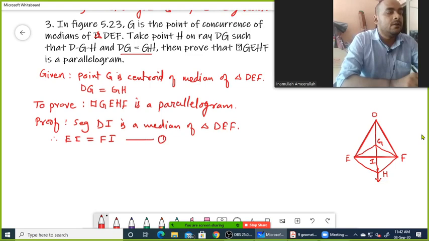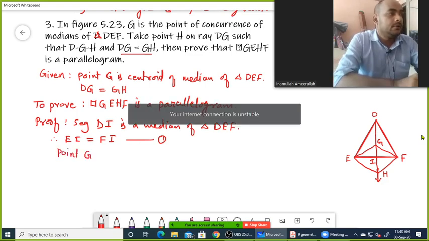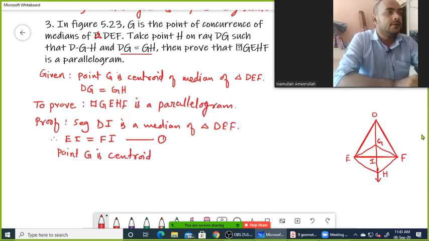Now further, the question says that G is the centroid. So therefore, if G is the centroid, then DG upon GI should be 2 is to 1, that is 2 upon 1.